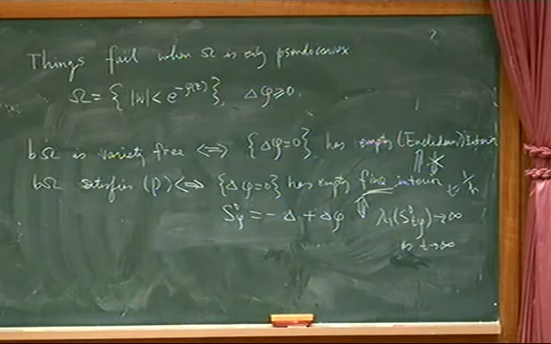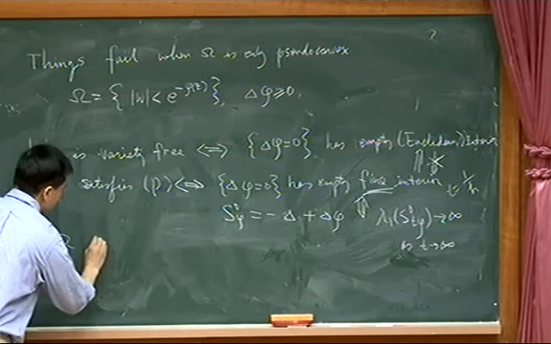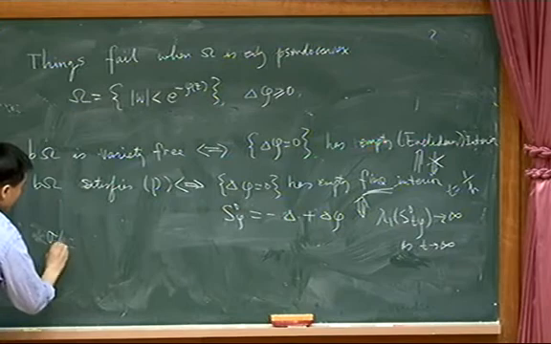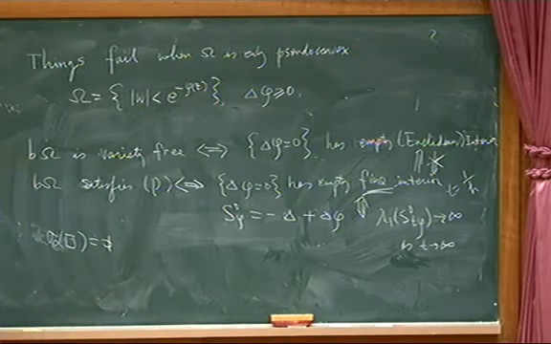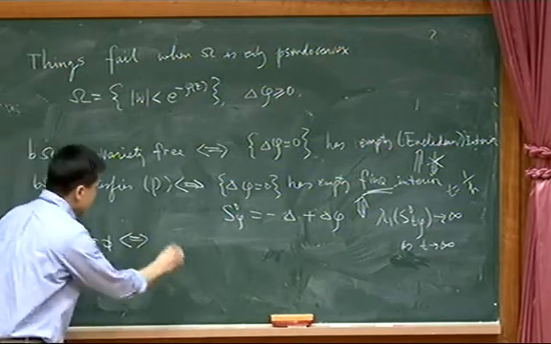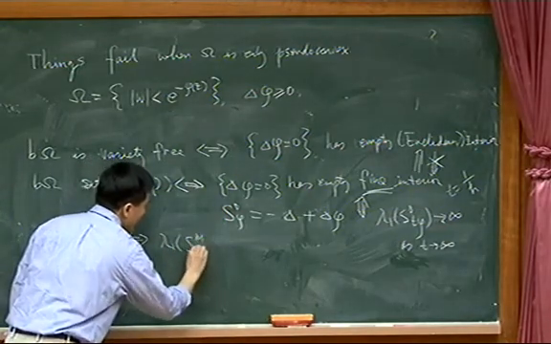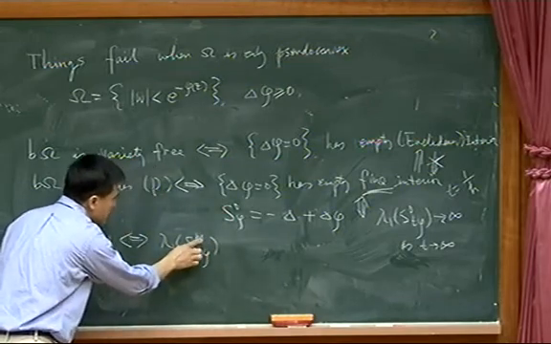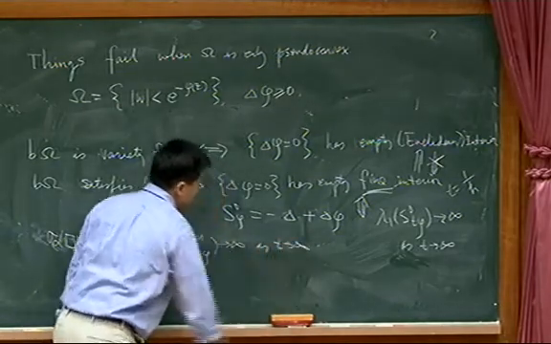Now, the essential spectrum is empty if and only if the first eigenvalue of the Schrödinger operator with magnetic potential goes to infinity as t goes to infinity.